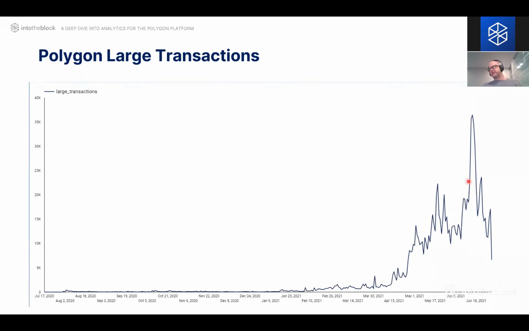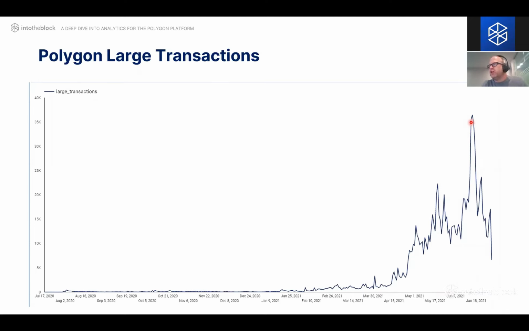Obviously, here we had a couple of incidents in June, just at the Titan incident, that helped skyrocket the number of transactions. But you can see that the Polygon blockchain is not about small transactions anymore. We're seeing a lot of activity, almost over 35,000 transactions, over 500,000 or so.